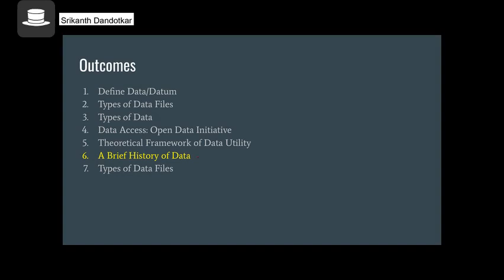Okay, now let's look at a brief history of data. How did the idea of data start? We'll go back as far as we can, even looking at the remnants of the idea of data and how it all started, where it is now. Keep in mind, it's a very brief history.